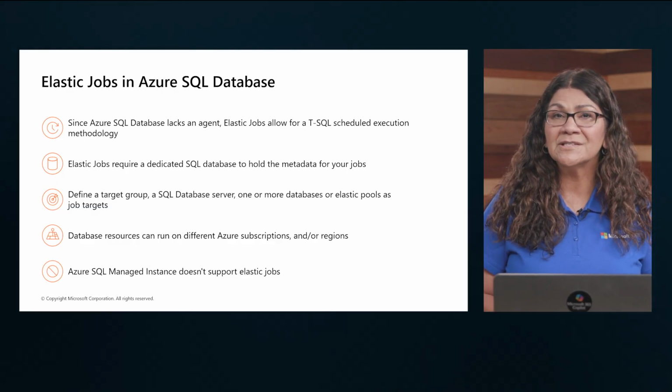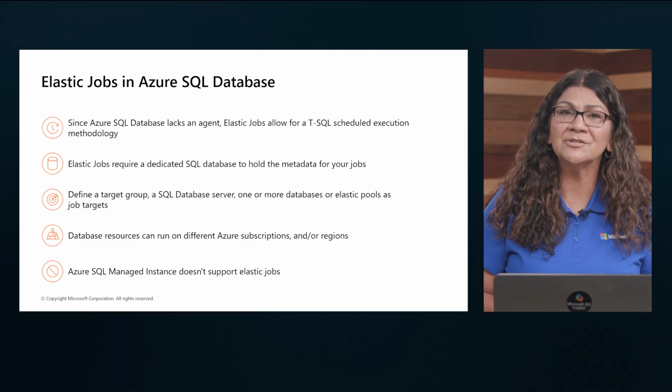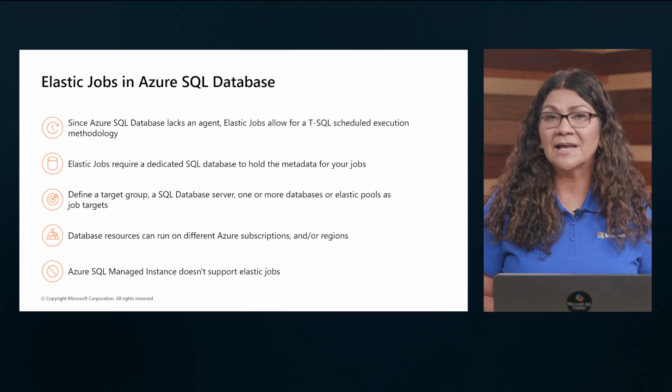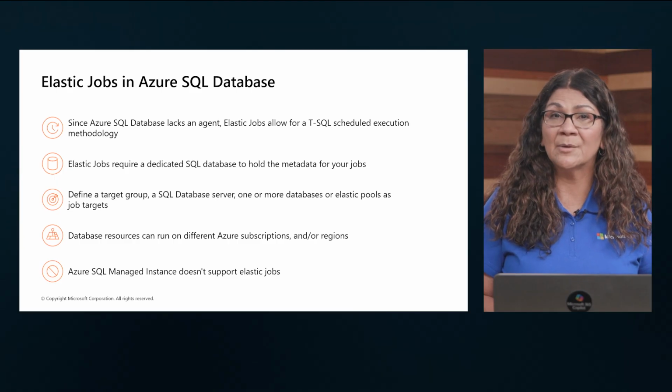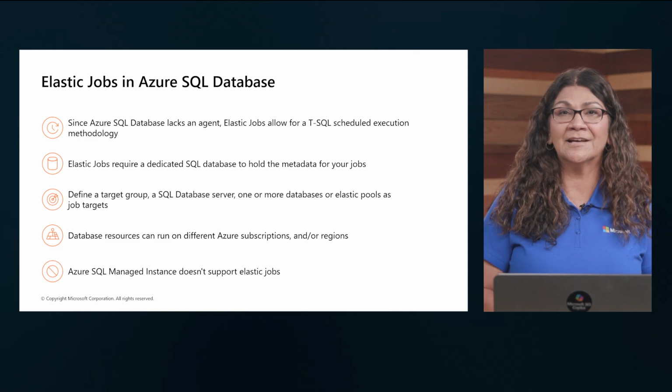Benefits include reduced administrative overhead, consistent task execution, and broad resource targeting. A typical use case is running nightly performance diagnostics across all of your production databases in multiple regions to ensure compliance and stability.